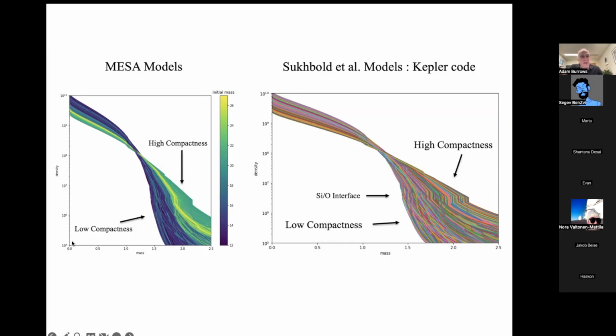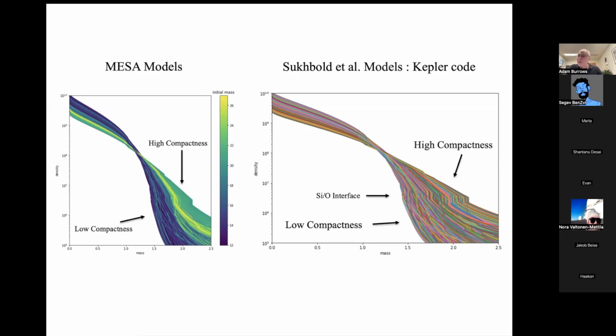This is versus mass interior, so Lagrangian coordinate, half a solar mass, 1 solar mass, 1.5 solar masses, 2 solar masses, etc. And some of these models have a very sharp drop. Some of them have a shallower drop. And this is referred to in the latter case as a high compactness if you have a shallow drop. And if you have a steep drop, it's a low compactness. And I'll refer to that going forward.